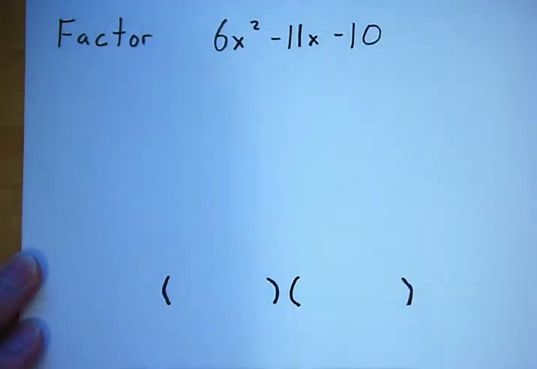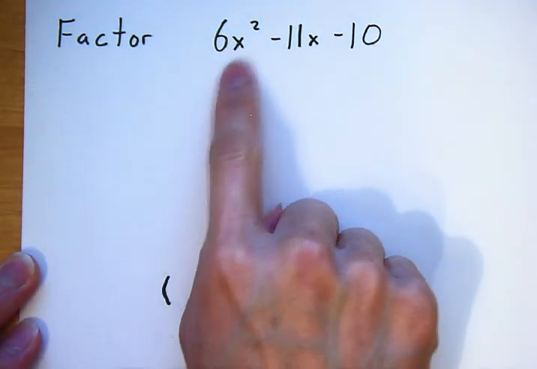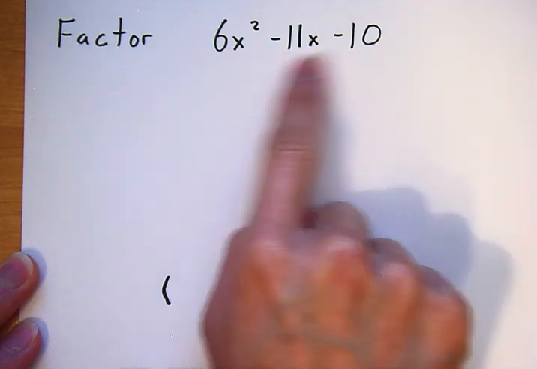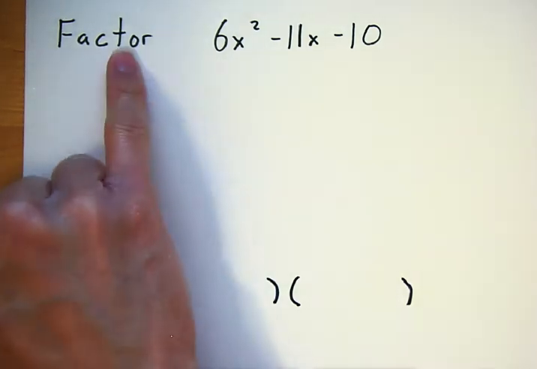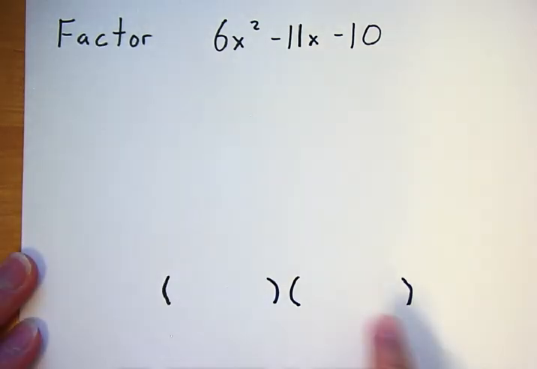So let's say we have this right here, and you're asked to factor 6x squared minus 11x minus 10. So since we're being asked to factor, we're being asked to change it to parentheses times parentheses.